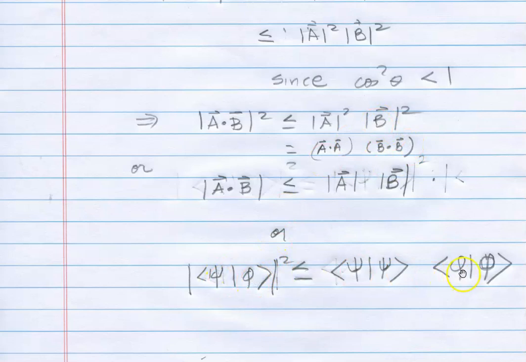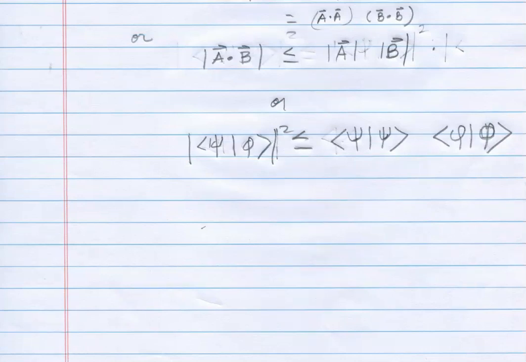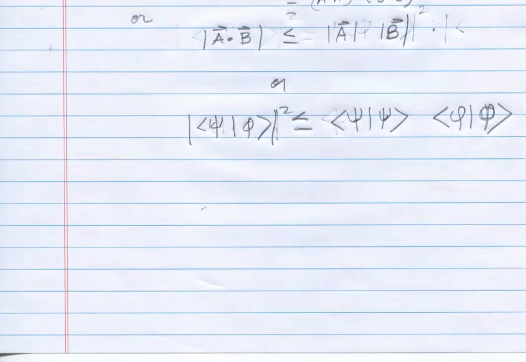And then B is this one. So by analogy, one is led into this Schwarz inequality. But like I say, that one is going to be important enough for us that we'll probably give a better presentation and a more definitive proof-like demonstration of it a little later on.